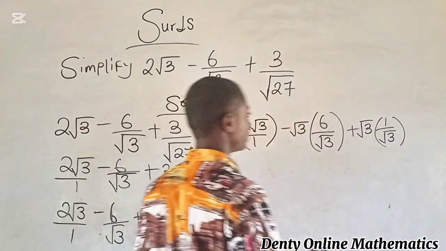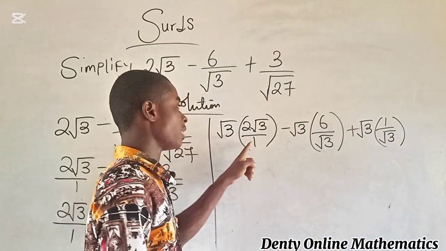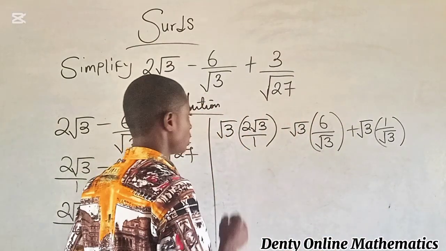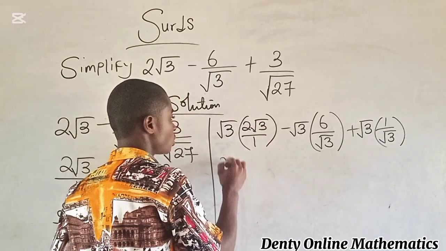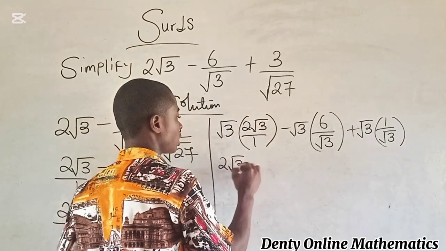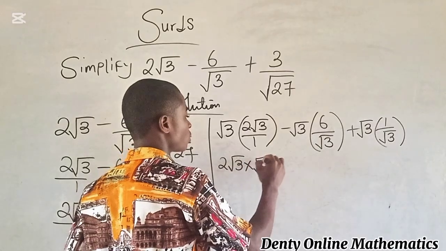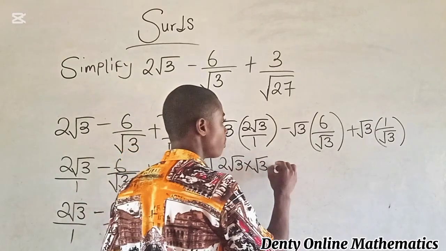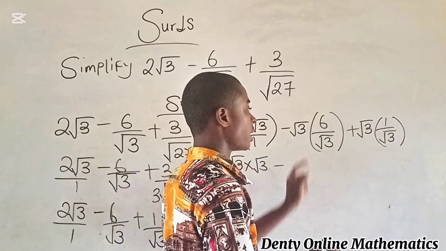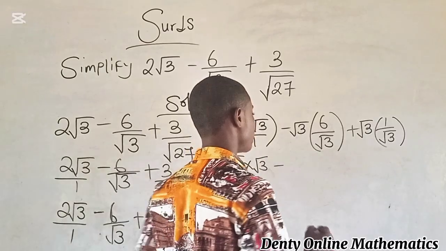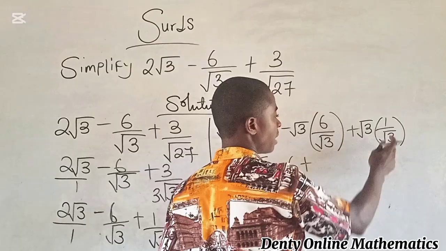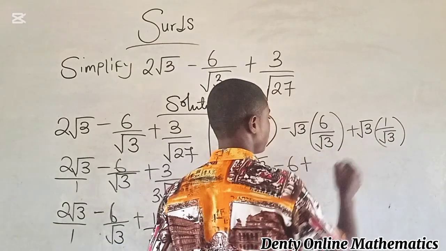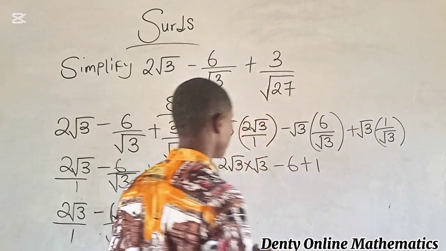Now root 3 divided by 1 is root 3. So root 3 will multiply 2 root 3. So we are going to have 2 root 3 multiplied by root 3, minus root 3 divided by root 3 is 1. 1 times 6 is 6, plus root 3 divided by root 3 is 1. 1 times 1 is 1.